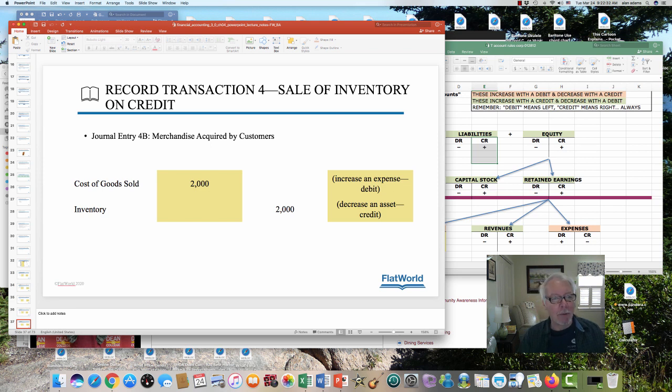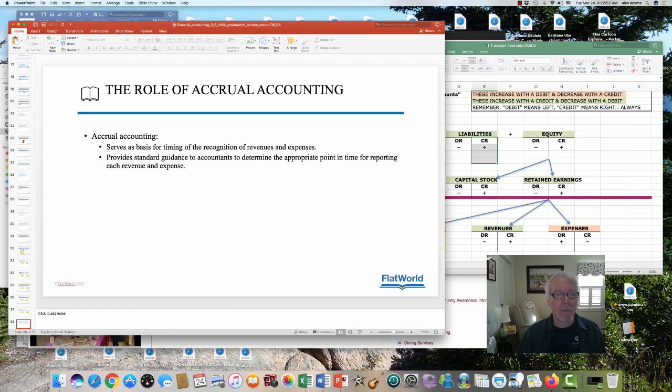And it has to accompany the revenues from the sale we made. So, in order to increase an expense, I debit cost of goods sold. And to decrease an asset, inventory, because I don't have it anymore, I just sold it to you, I am going to credit inventory, an asset, for $2,000. Okay.